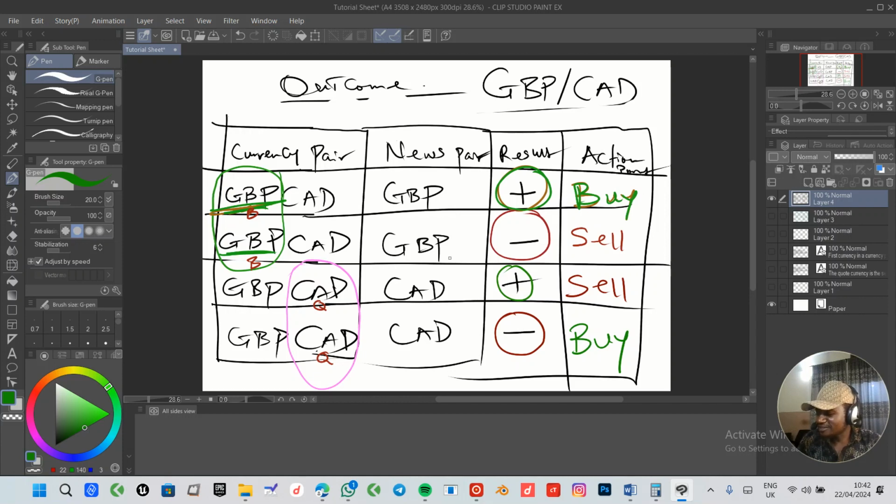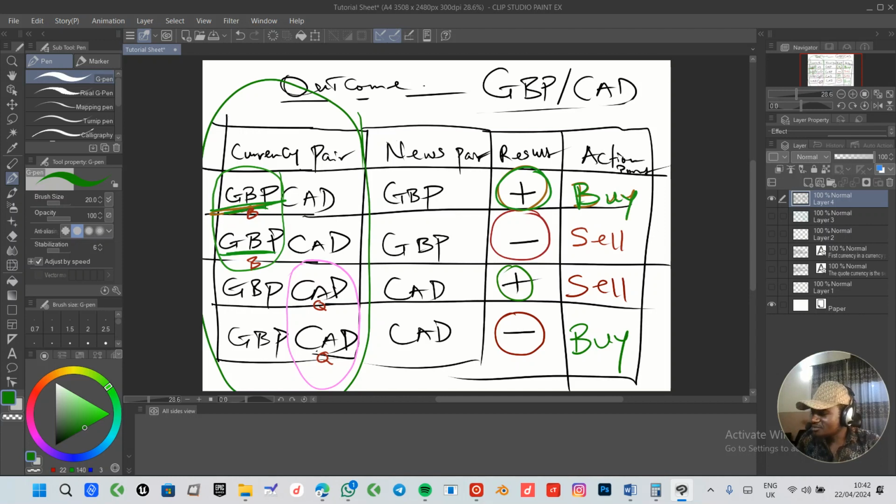Okay, so you see that trading news on GBP CAD alone can give you 4 different outcomes, but it's the same currency, because it's possible that GBP can be positive, GBP can be negative. It's possible that CAD can be positive, if that's the news. CAD can be negative. So did you see that?